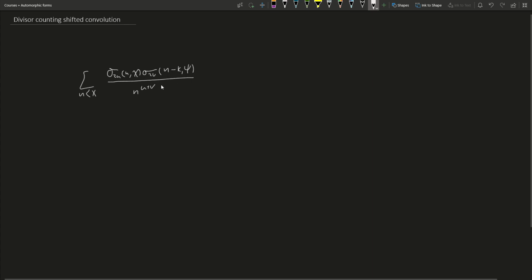But here I'm going to do it more technically and go into some of the details. So this function V that we talked about last time, which is essentially a generating function for the shifted convolution, is going to be this completed Eisenstein series. Let me get it exactly.